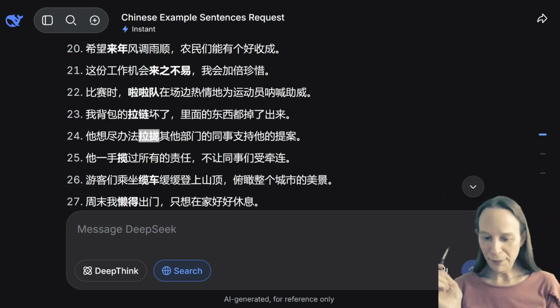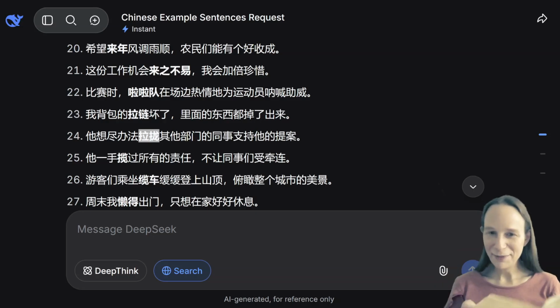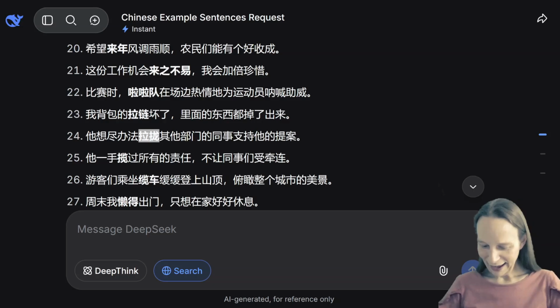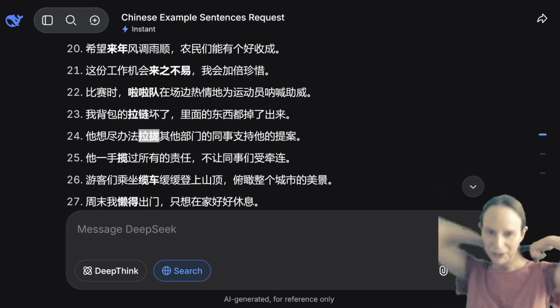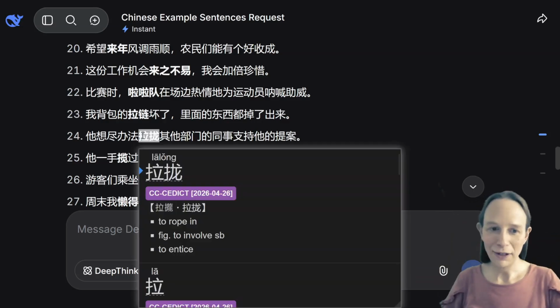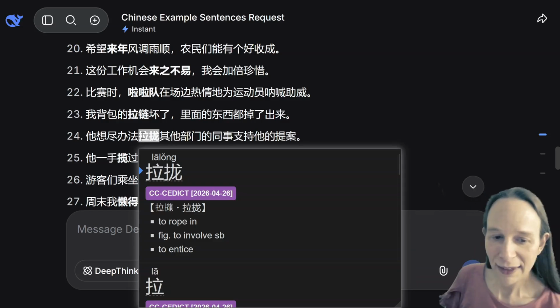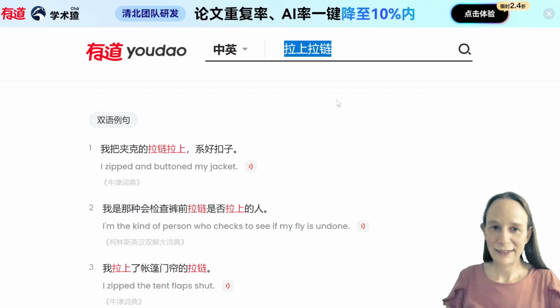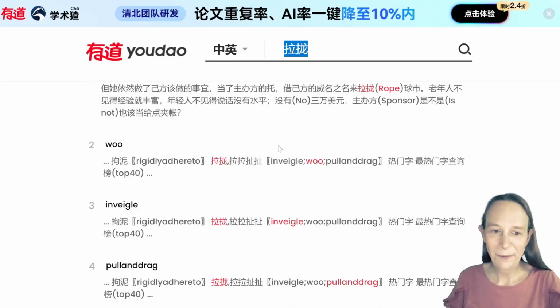Use inappropriate schemes, methods or tactics to bring people over to your side, 靠拢, for your personal benefit. 拉拢. Rope in.